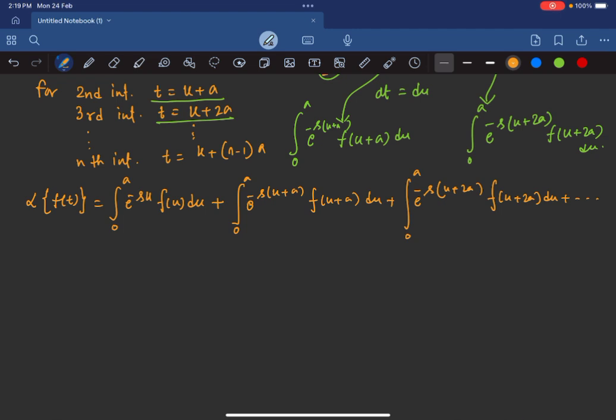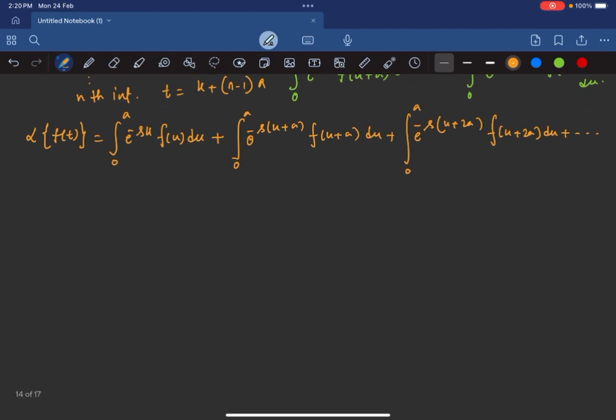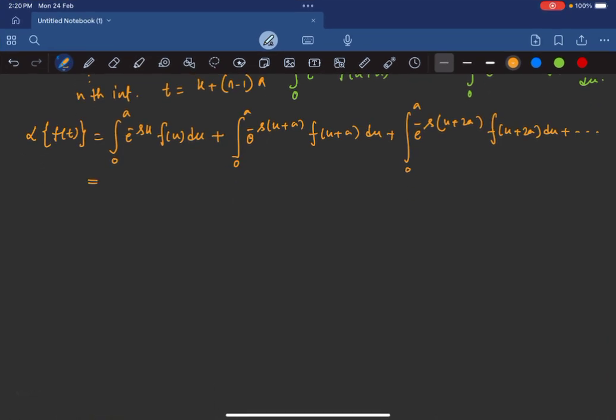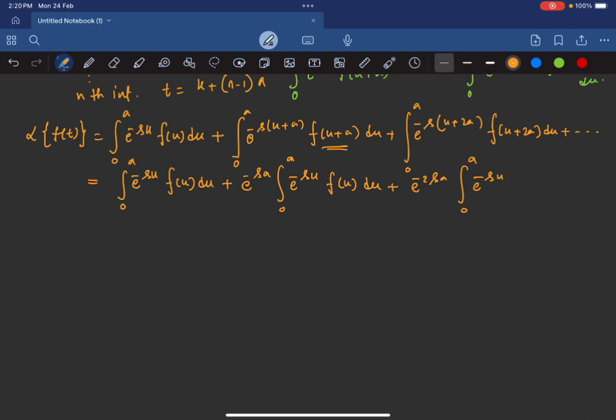Okay, so if you continue like this, immediately what you have is the integral 0 to a e power minus su f of u du, plus e power minus sa integral 0 to a e power minus su f of u du, plus e power minus 2sa integral 0 to a e power minus su.